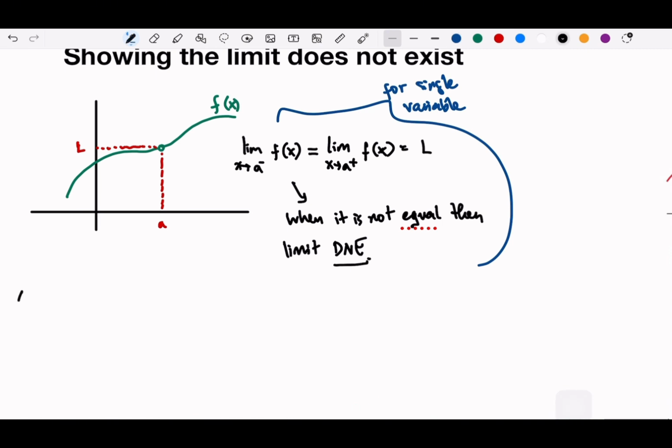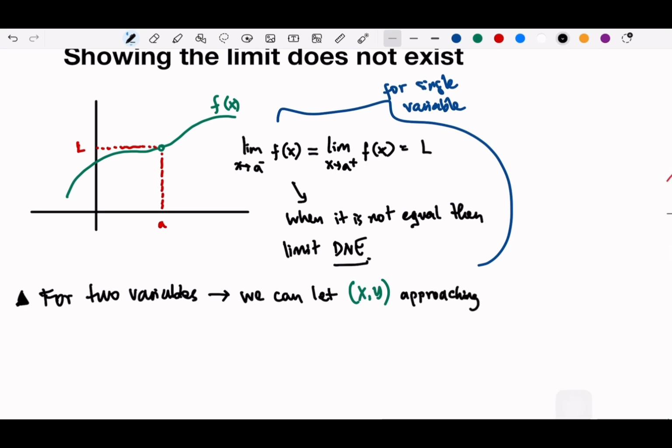For two variables, we can let the point (x, y) be approaching the point (a, b) from many possibilities, or from an infinite number of directions.